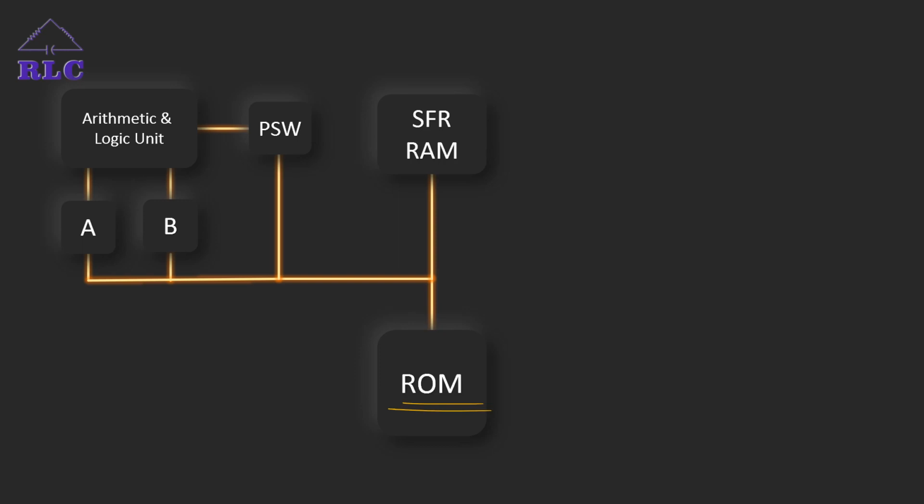We need to have a track that this line of code is being executed. Next we need to perform the next line of code. Say, for example, I have a code like MOV A, #22h. That means I need to move 22h to the accumulator. Then if I say ADD A, #01h, something like this, I need to know that this instruction needs to be executed now.